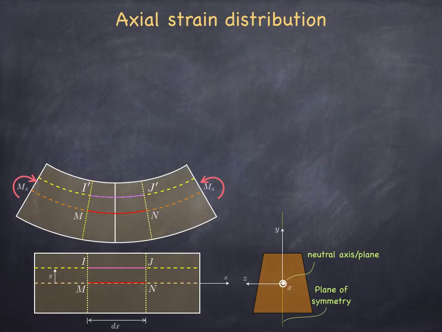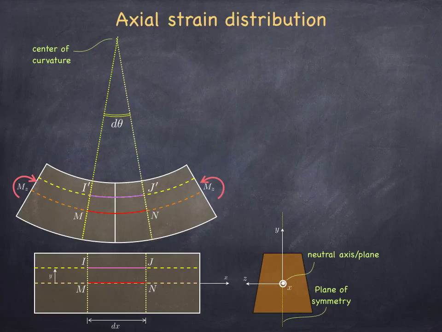To make further progress, I'm going to extend the deformed cross-sectional lines above the beam. Since they're no longer parallel, they're going to intersect at a point. That point is referred to as the center of curvature for this little segment.